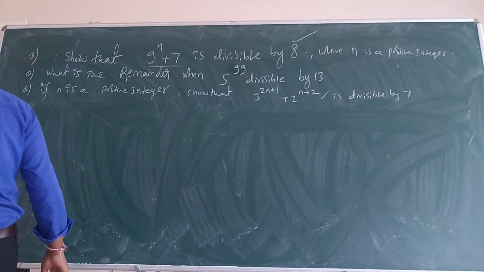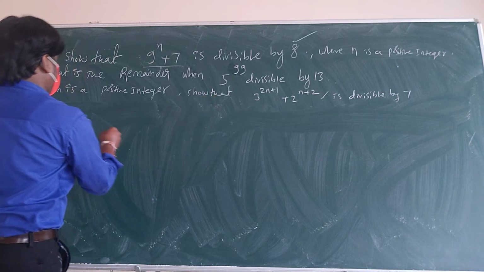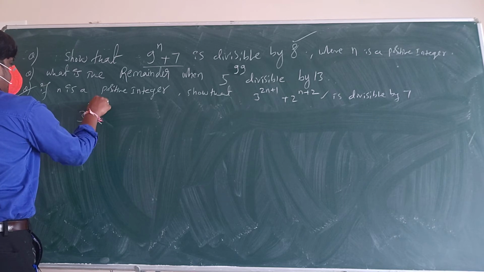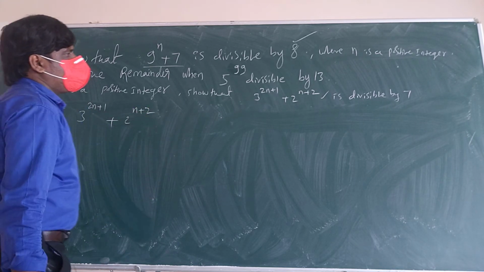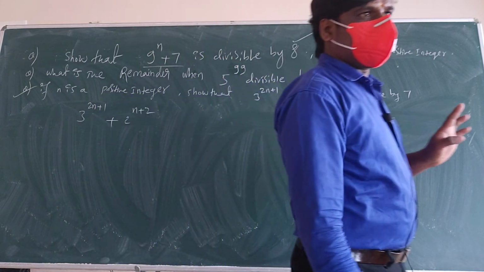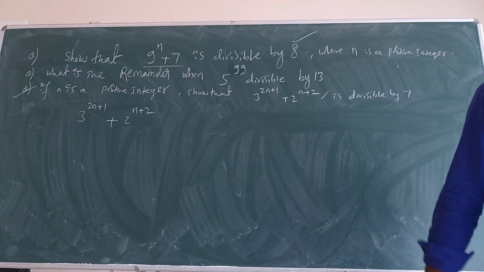See the third one. First method only is better. So what is there here? 3 to the power of 2n plus 1 plus 2 to the power of n plus 2 is divisible by dash. They won't give it, right?